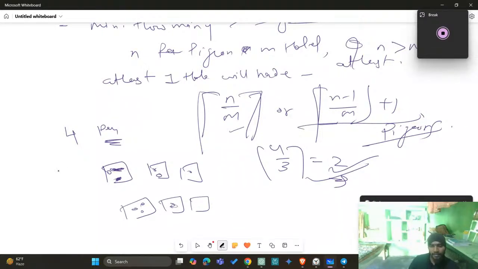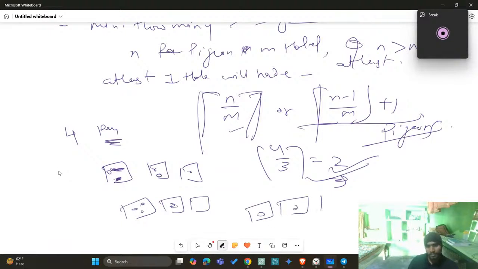So there are several ways to distribute the pigeons in the pigeonholes. But what the pigeonhole principle says is that at least one hole will always have at least two pigeons. It is not possible to put only one in each, because where would we put the other one?